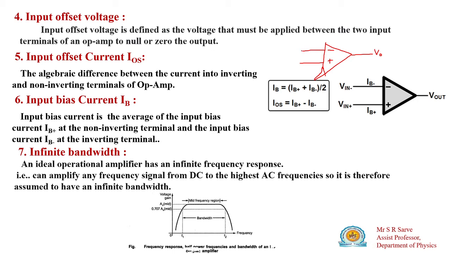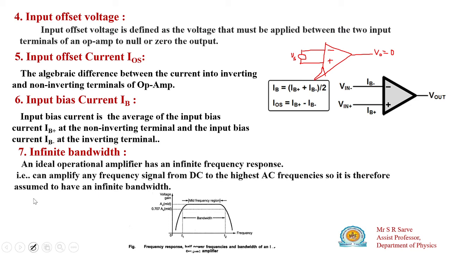If I have to apply the input offset voltage between these two terminals, suppose there is some voltage source V, applied between the negative terminal and the positive terminal, negative meaning inverting terminal and non-inverting terminal, so that the output of the operational amplifier equals 0 volt. That voltage is known as the input offset voltage.